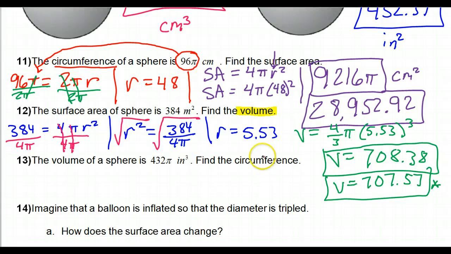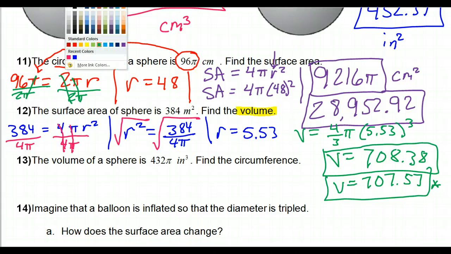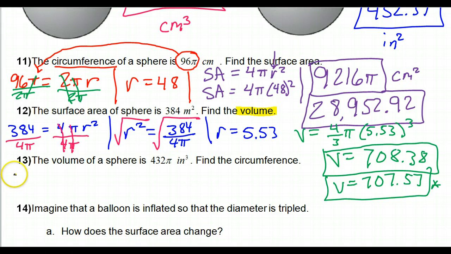Find the circumference. Okay, watch this very carefully. A lot of kids have trouble with this. If I give you the volume, do the volume formula, please. So we just saw that the volume is 4/3 pi times the radius cubed. So we will take this and substitute it in for v.